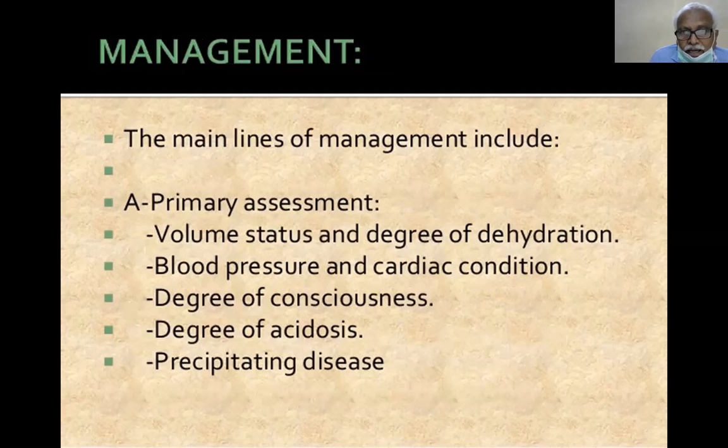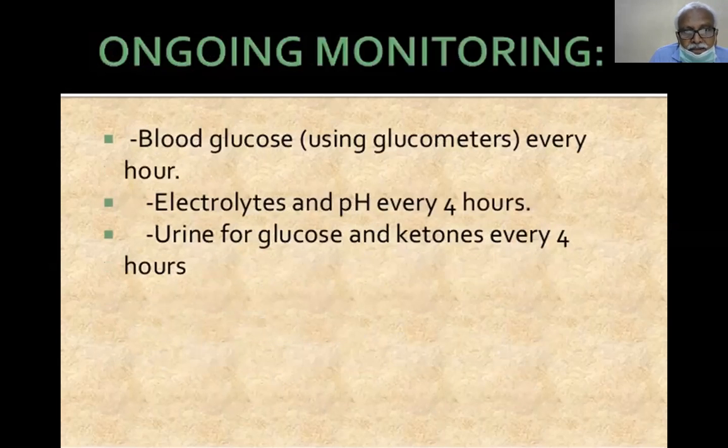The main lines of management include primary assessment: volume status and degree of dehydration, blood pressure and cardiac condition, degree of consciousness, degree of acidosis, and precipitating disease. Blood glucose, we have to check with glucometers every hour.